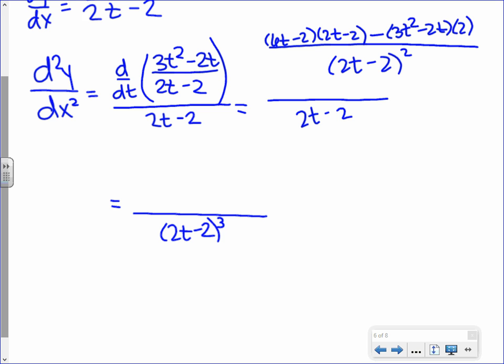So then our numerator, one of them cancels, we have 12t squared minus 12t minus 4t plus 4. And then we're subtracting, so I'm going to distribute that subtraction through: minus 6t squared plus 4t. Do you agree?